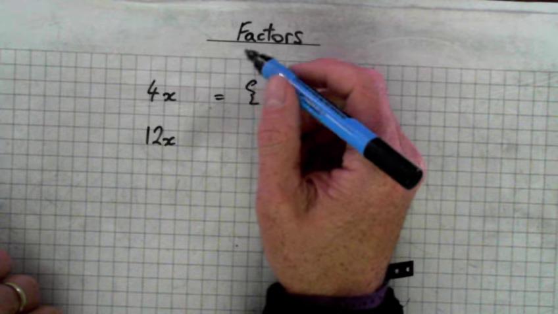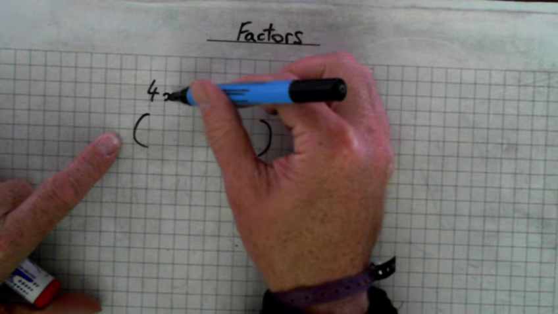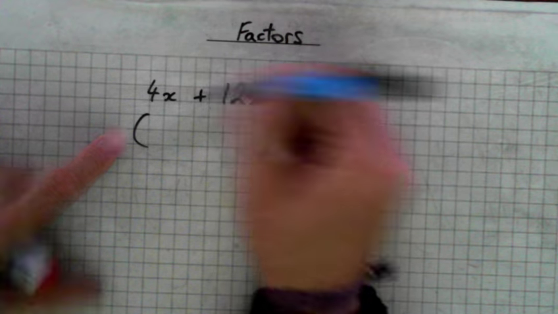Well, we'll do it like this. 4x and 12x, and we put a bracket here. So we're looking for the highest common factor. The highest common factor will be the number here. First of all, what divides into both of them? x.